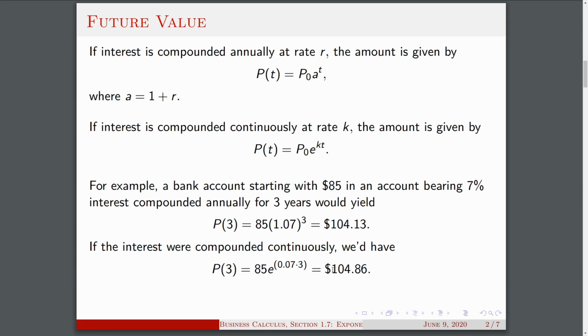And after it gets added on, it starts earning interest. So even though you're only adding on a tiny bit, it starts earning a tiny bit of interest. And so by the end, you end up with a little bit more than you would if the interest was added on all at one time at the end.